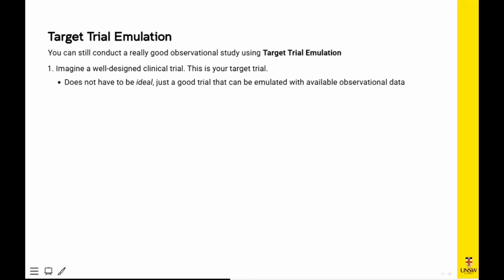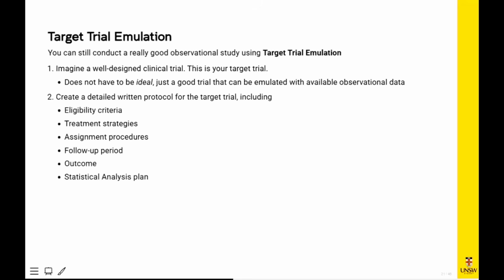That's why I say it doesn't have to be ideal, because an ideal trial might have characteristics and variables that you don't even have access to. So there's no point in designing a target trial that you would never be able to emulate in the first place. It just needs to be a well-designed trial that is relevant to the observed data that you actually have.